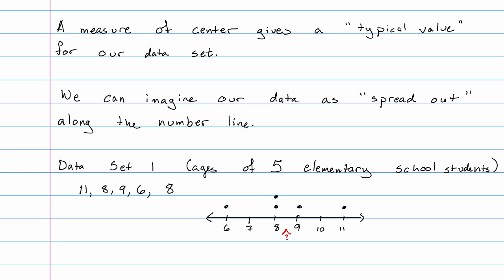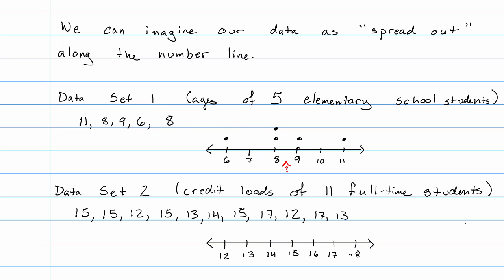Or if we look at data set 2, which represents the credit loads of 11 full-time students, we have a value here, and another one here, another one here, one here, one here, yet another one here, one here, one here, one over here, and one over here.